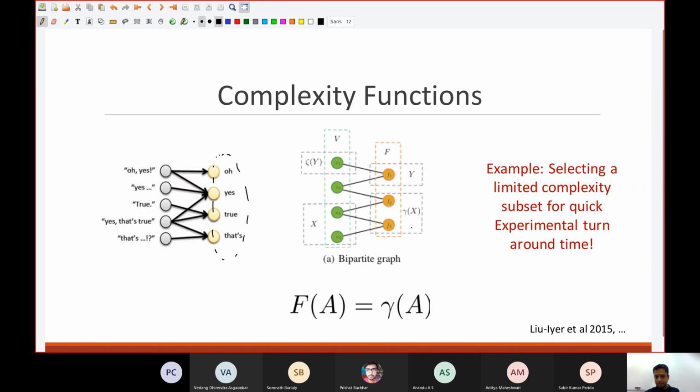F of A is gamma of A, the complexity induced by the subset of words. It could also be a measure of size. We'll not go into this. This again can be proved to be submodular, very simple, and often this is the concave over modular.